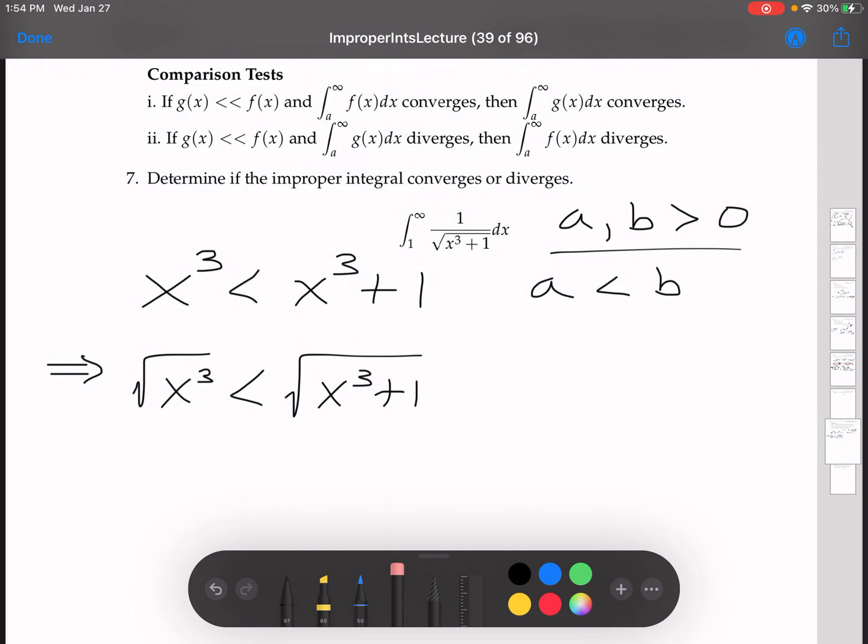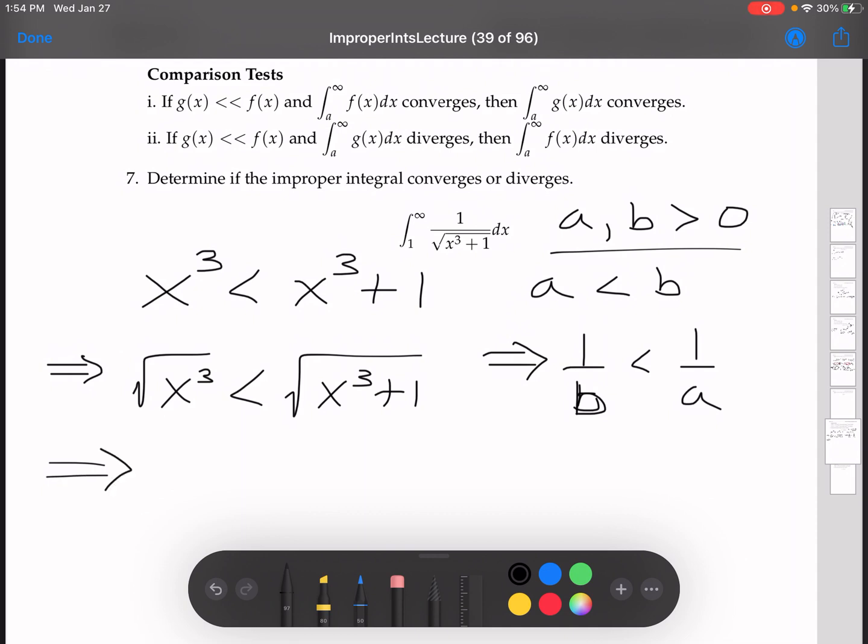But what the rule says is if a is less than b, where a and b are both positive, this tells us that 1 over b is less than 1 over a. So that's the little rule that I'll use here.